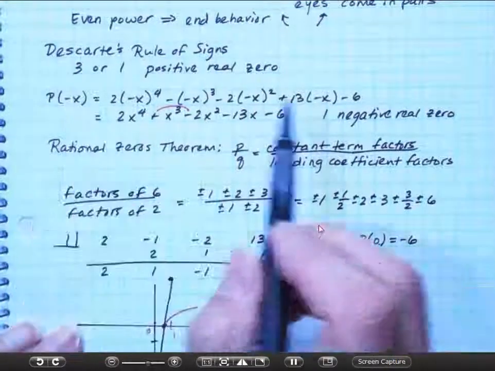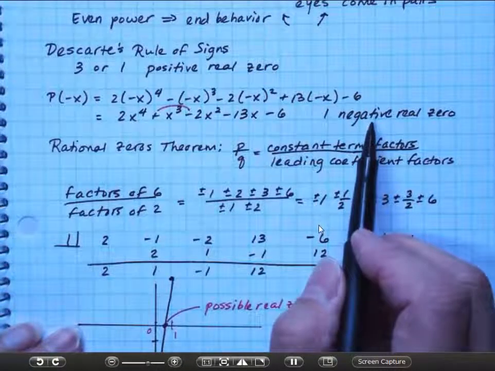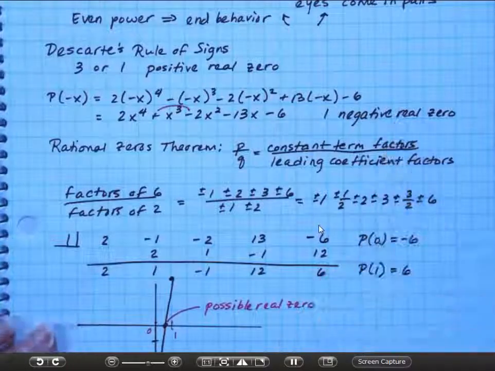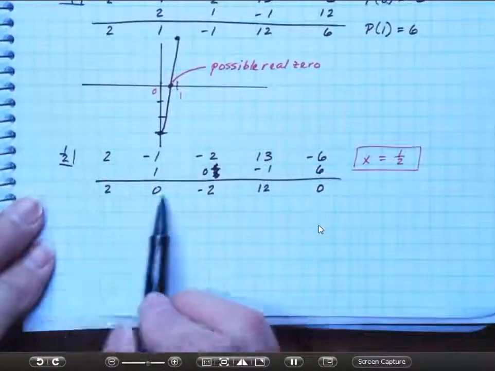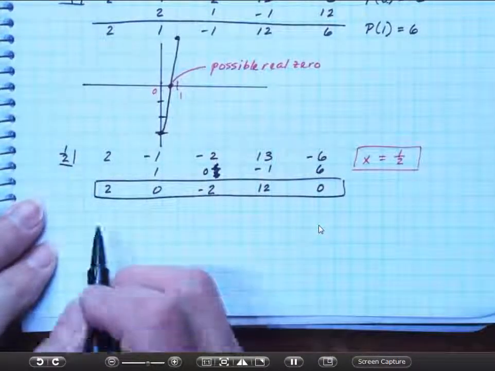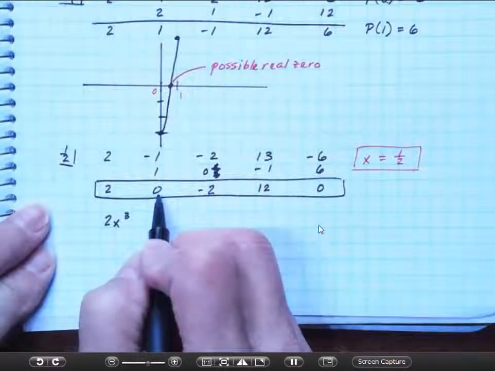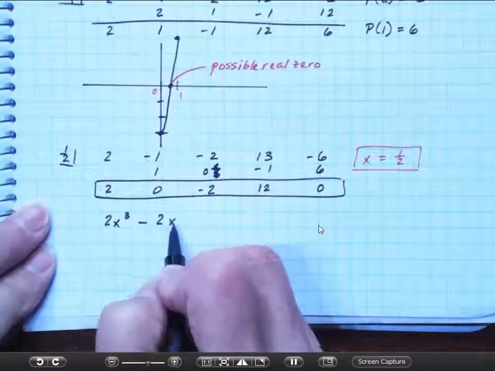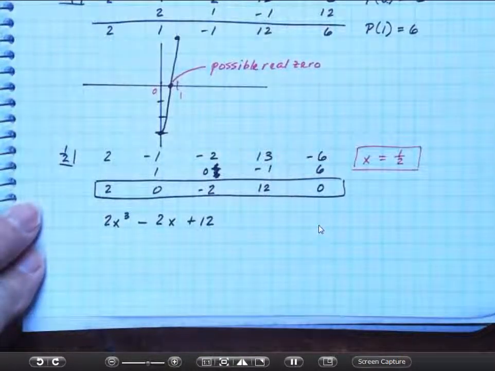So what we did during class, and which I agree with, is we're going to look for the negative zeros, because there is a negative 0. And when I go to look for the negative 0, I'm going to use my reduced polynomial, which is 2x to the third plus 0x squared minus 2x plus 12. So that's the polynomial I'm going to be using now to look for my negative zeros.